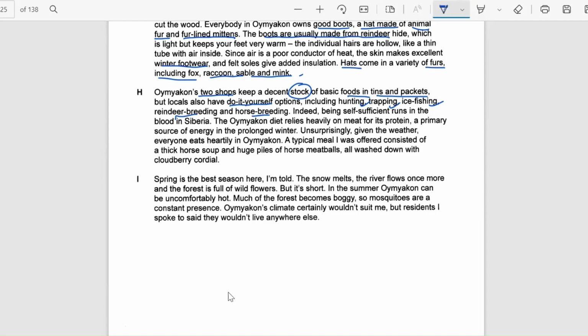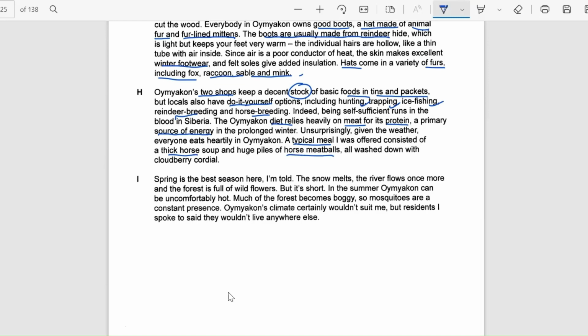And then what is their diet? They're talking about meat because it provides them protein, which is a primary source of energy in the long winters. And then the typical meal is horse soups and horse meatballs.